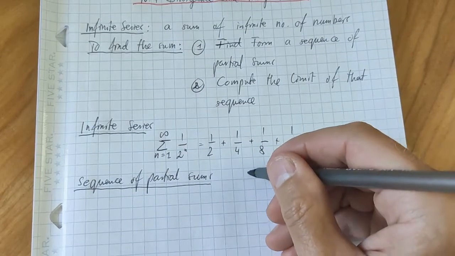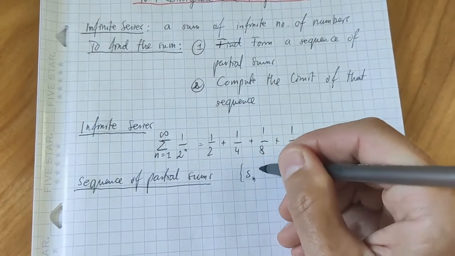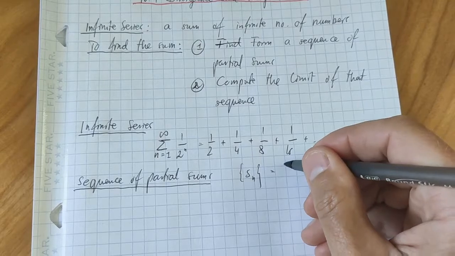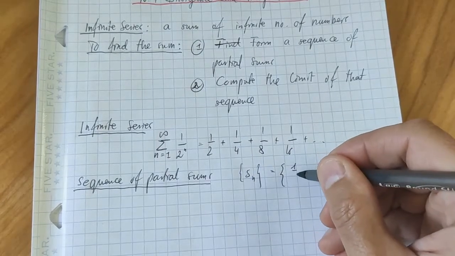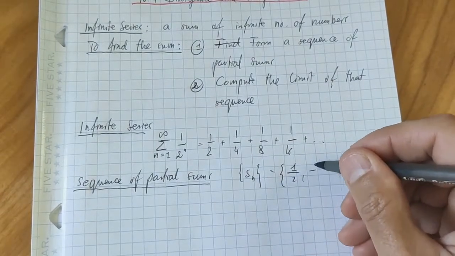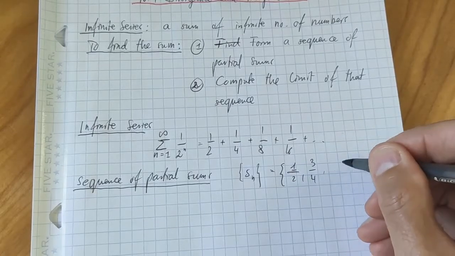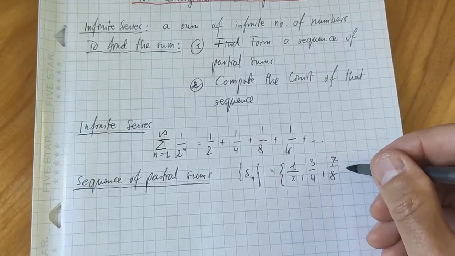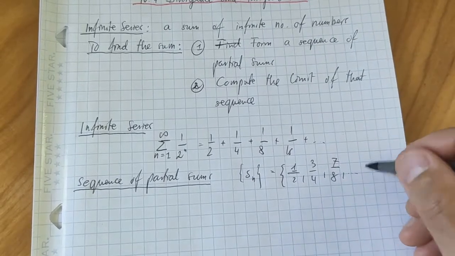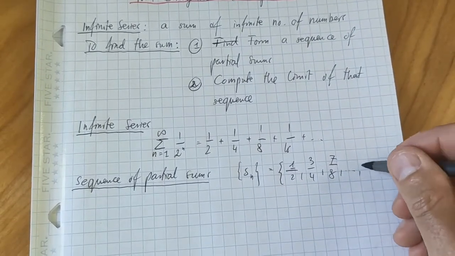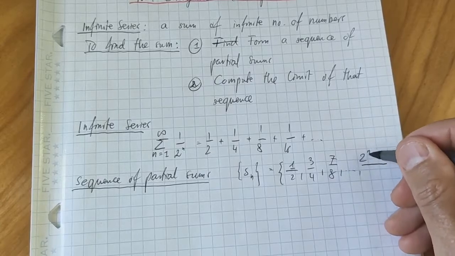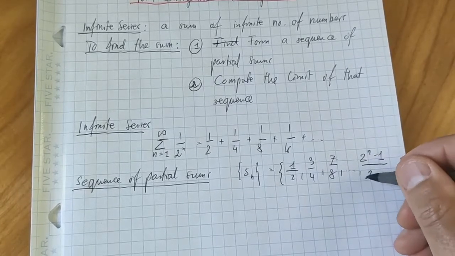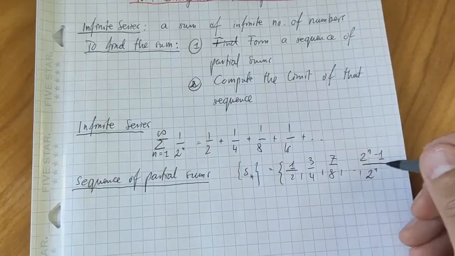So my sequence is 1/2, 3/4, 7/8, etc., all the way to the explicit formula that gives us that sequence.